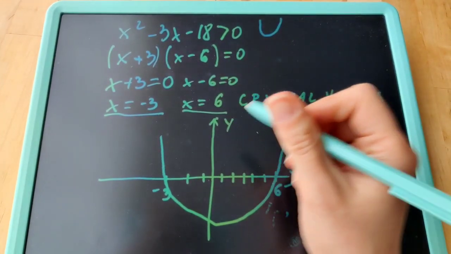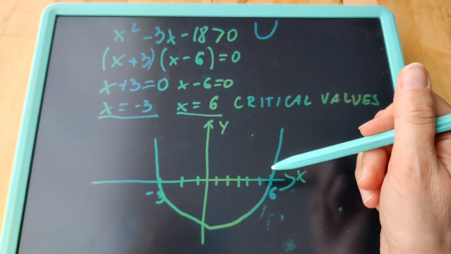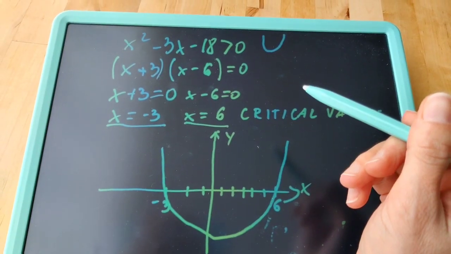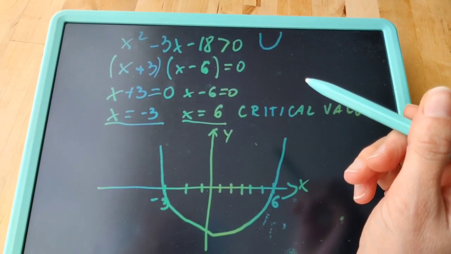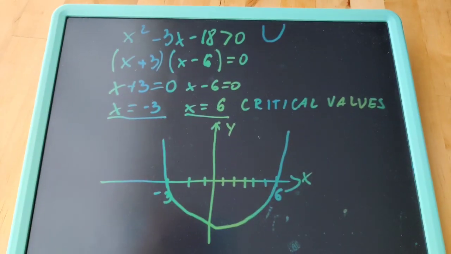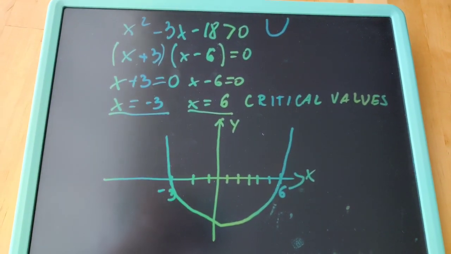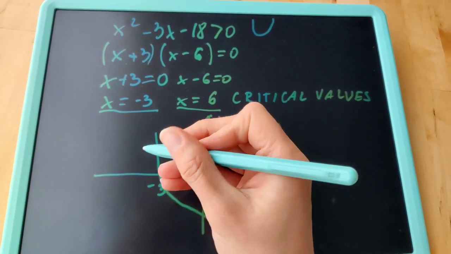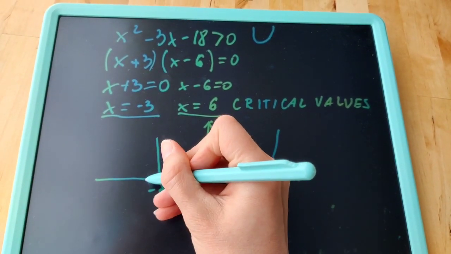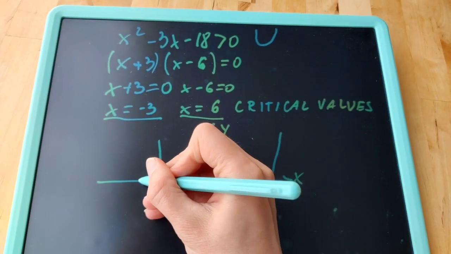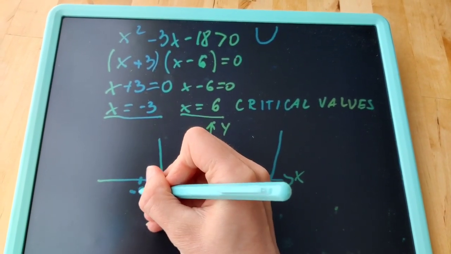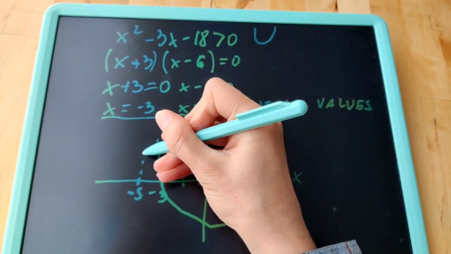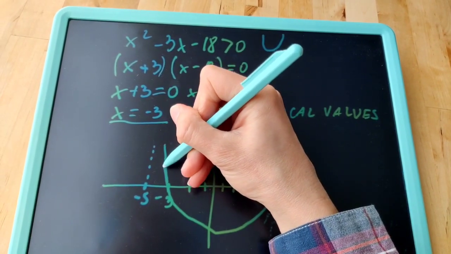So, what we could do to check is look at where our x is. We're going to pick a value. We'll start from the left side. We're going to pick a value that is less than minus 3. I'm just going to say minus 5. And we're going to extend the dotted line to our parabola.